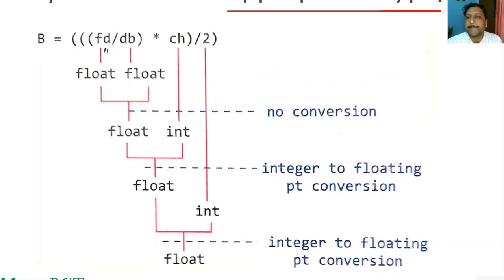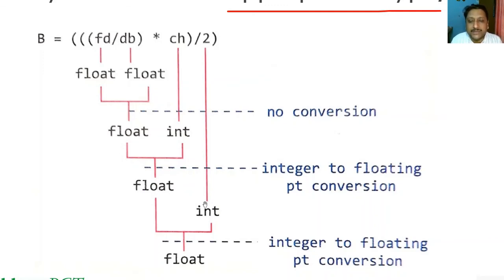See here, fd and db, two different variables, are divided, and both are float data type, so no conversion is needed here. Then the result is multiplied by ch, which is integer type. So floating result and integer mixed data are there, and with implicit conversion the integer will be converted to floating point and the result will be obtained in float.